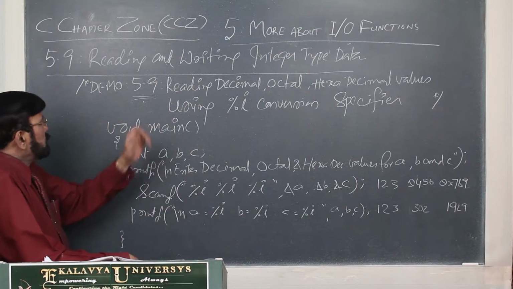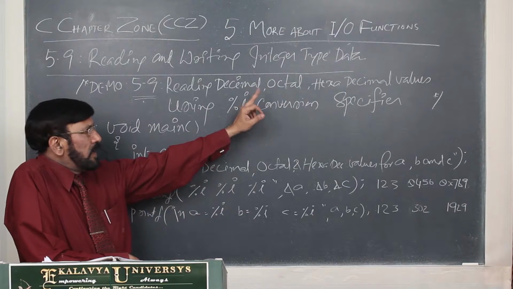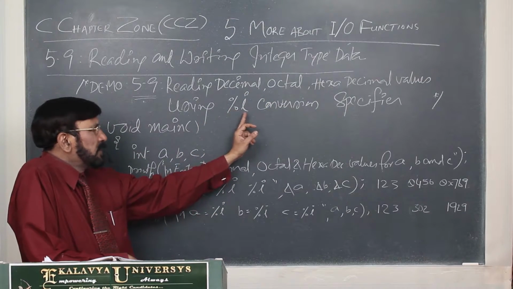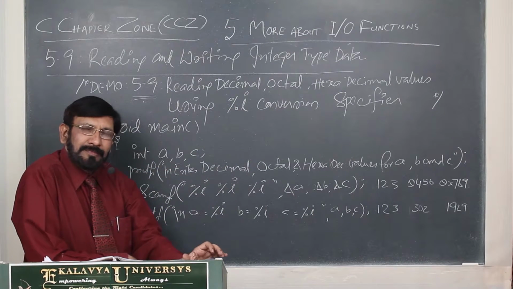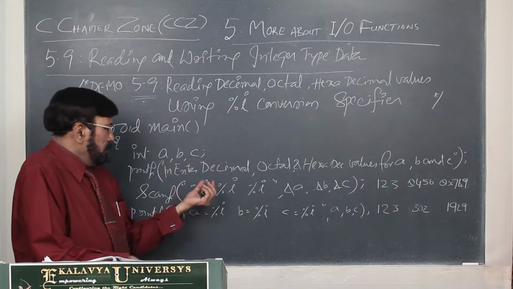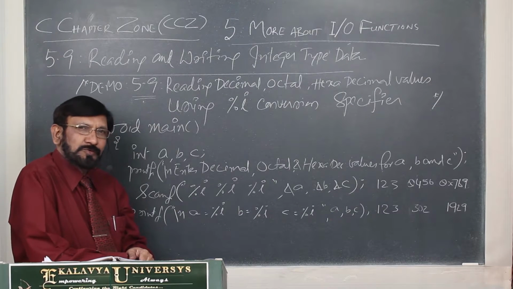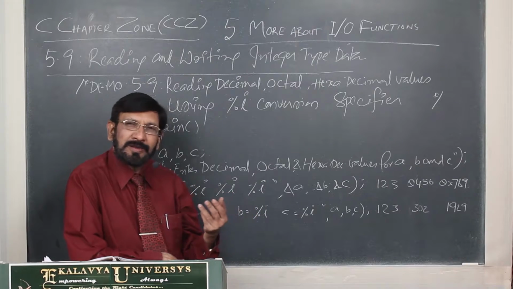Now, demo number 5.9: reading decimal, octal and hexadecimal values using the %i conversion specifier. I already explained the previous concepts to you. %i can be used for reading three types of integer values.